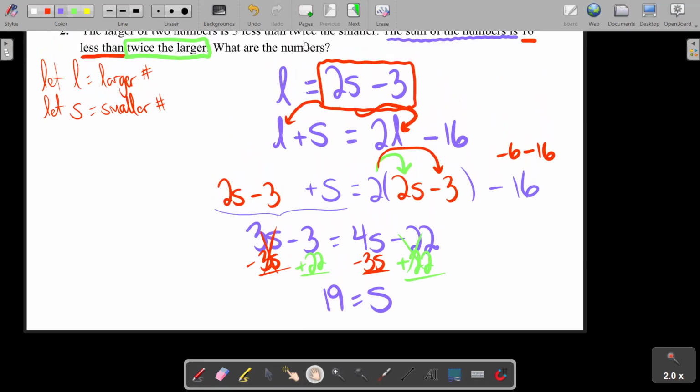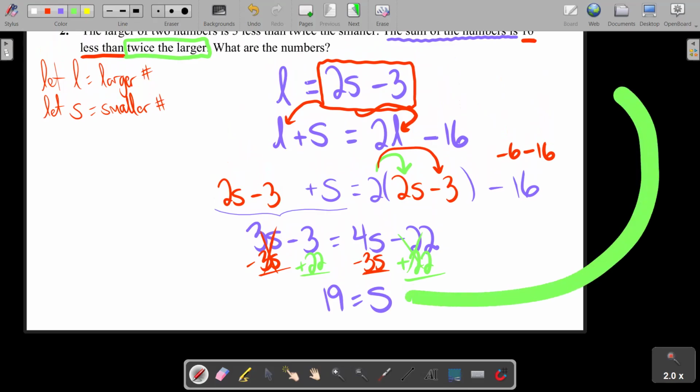Again, it just says, what are the numbers? So the implication is you better go find the other one. So I feel in this case like you'd probably be pretty nuts to not take the 19 and put it in that box. I can't think of a simpler course of action than that. So if we go into the box and we change S into 19, mental math, what's 2 times 19? 38.